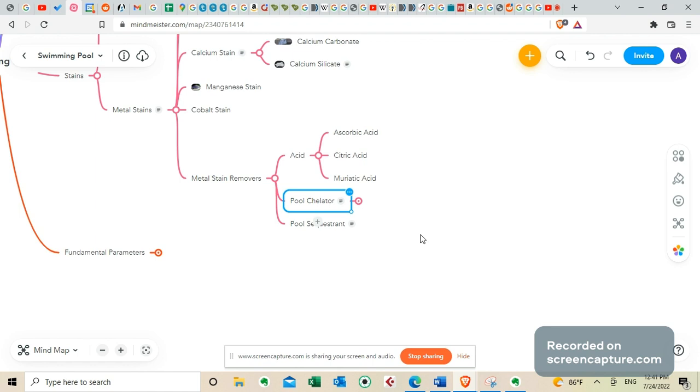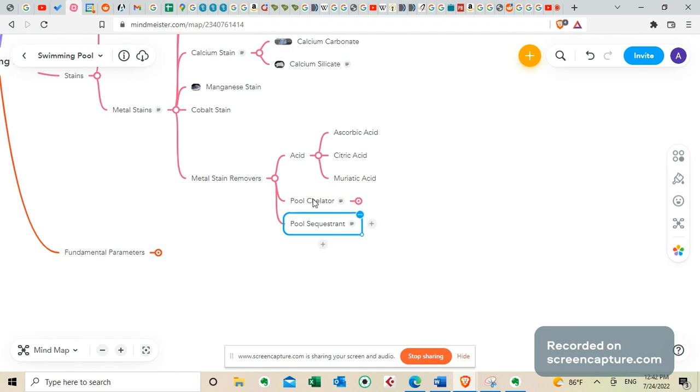It forms like a ring and it prevents the metal ion from dissociating. So it basically imprisons it. It rips it off the wall and imprisons it. So it hugs it and prevents it from reacting to anything else. Again, it's not going to actually get it out of the water, but it holds it in suspension.